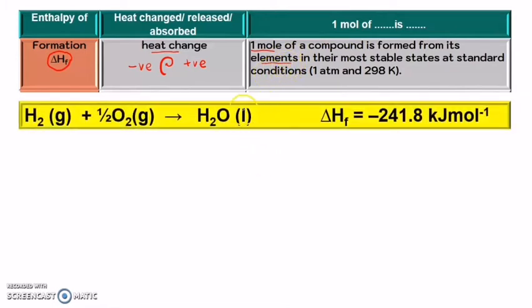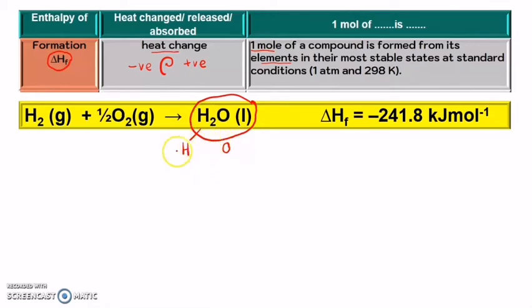For example, the formation of H2O. This is the one that we are going to form. So from the definition, we have to make sure that in the thermochemical equation, H2O must be 1 mole. It is formed from its elements. Now, H2O, we have hydrogen and oxygen.